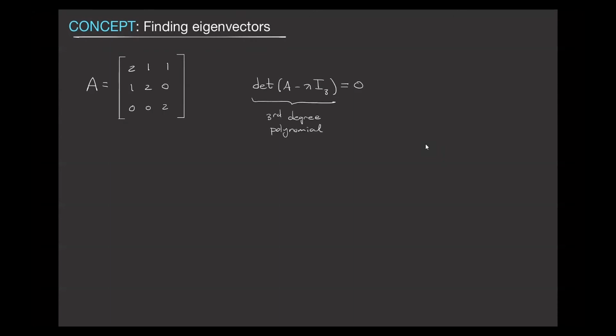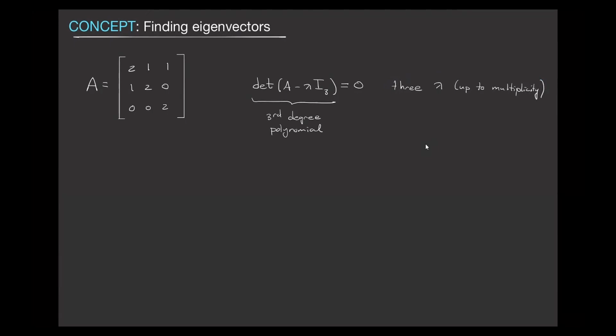And from that, you would get up to multiplicity 3 eigenvalues lambda. And finding them is as simple or as hard as just finding the roots of a 3rd degree polynomial, which you could have 3 distinct complex or 3 distinct real roots.